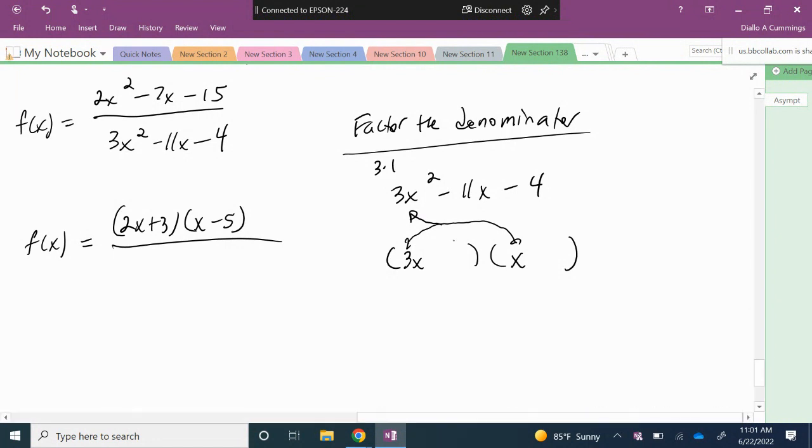The next two numbers we place as our last terms must multiply to get a negative 4. The different possibilities are 1 times negative 4, negative 1 times 4, negative 2 times 2, and 2 times negative 2.